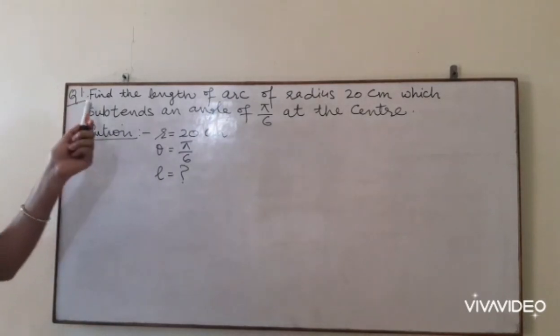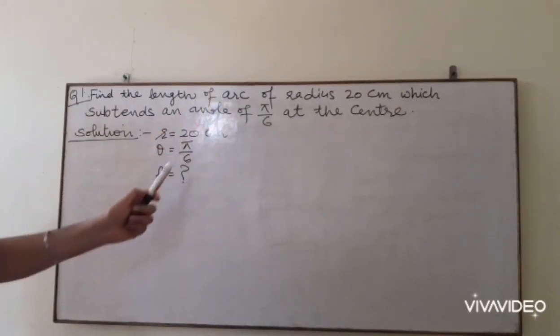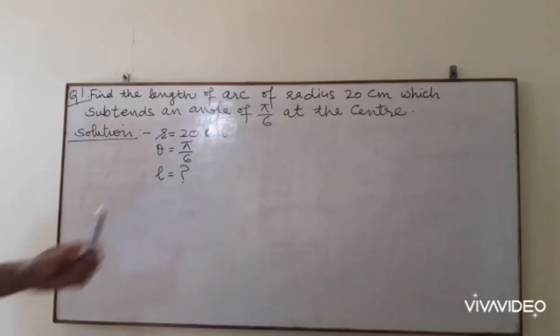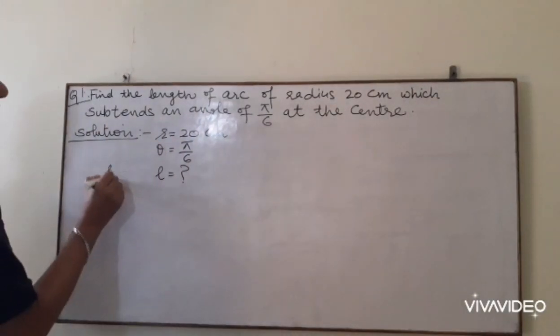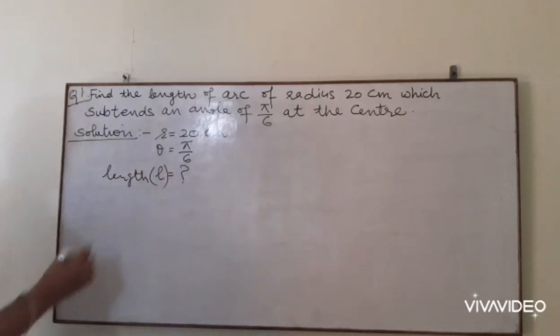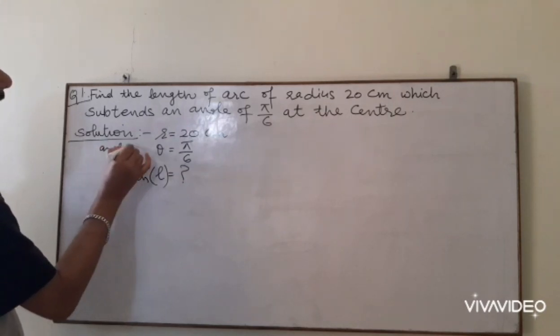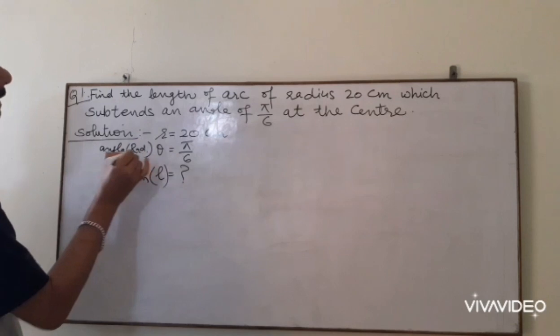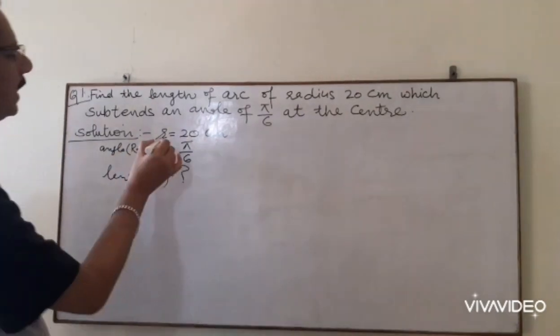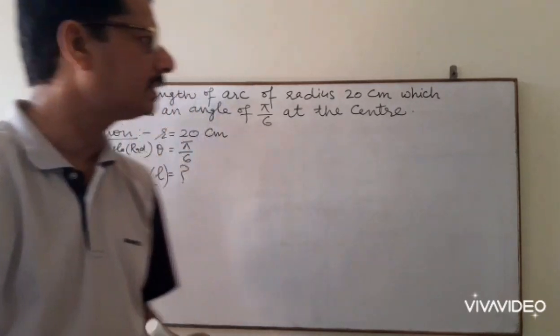So here you can easily see, find the length of an arc. So I have to find out length. That means here I have length which is denoted by the term L. Theta is the angle, which is the radian angle, and R is the radius of the circle.